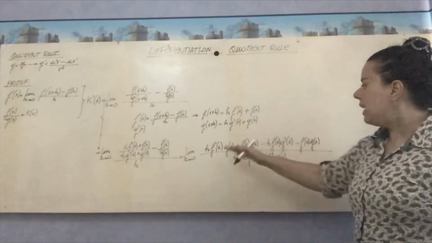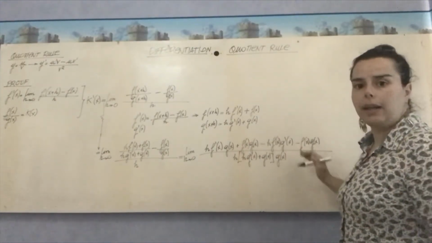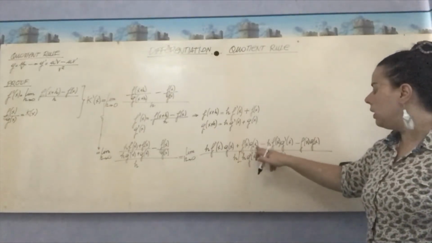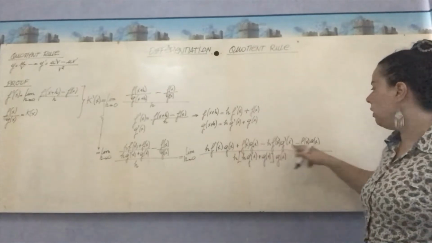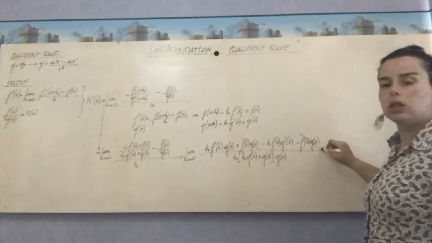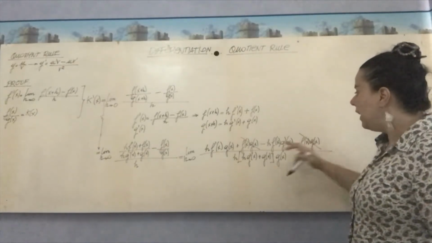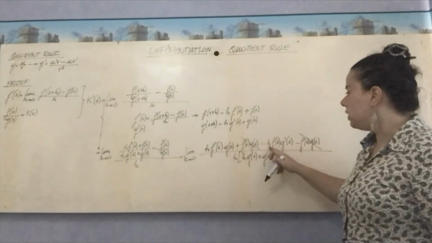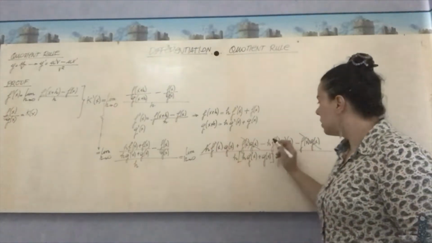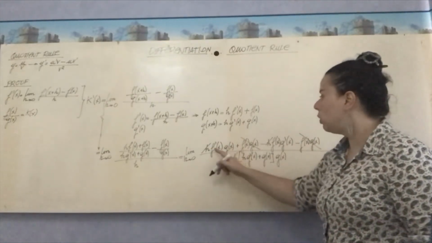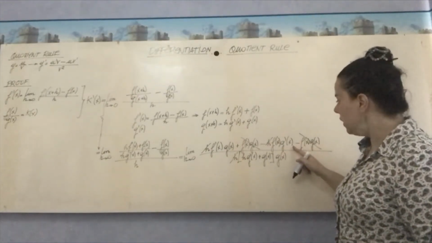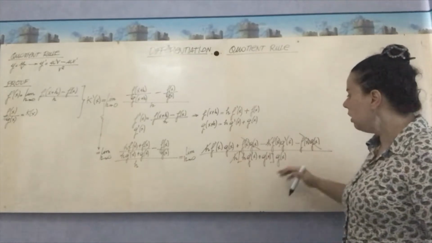Alright, now I can begin to look at like terms and see what I can simplify. I've got here f of x g of x, I've got it here, so these two are going to cancel. Then each one of these terms has an h that I can simplify here. So now I've got all the h terms eliminated from the numerator, and I keep on looking.